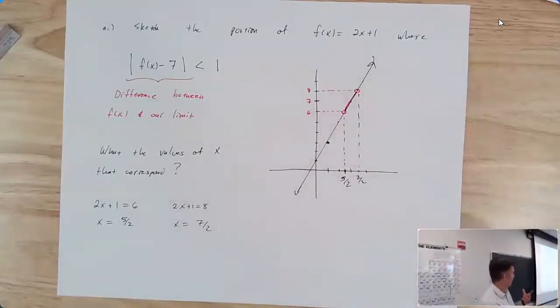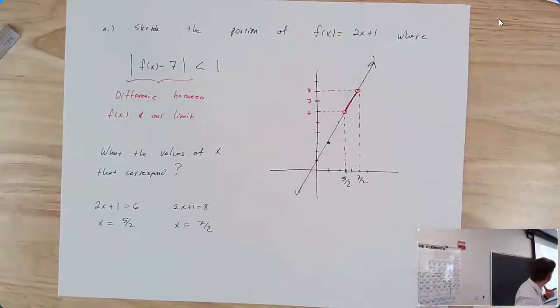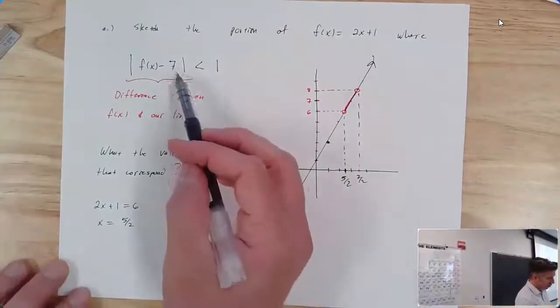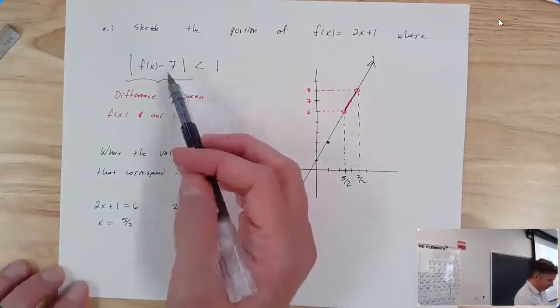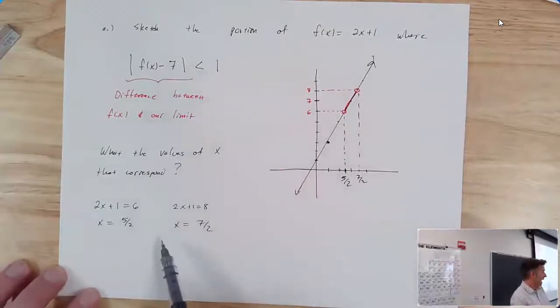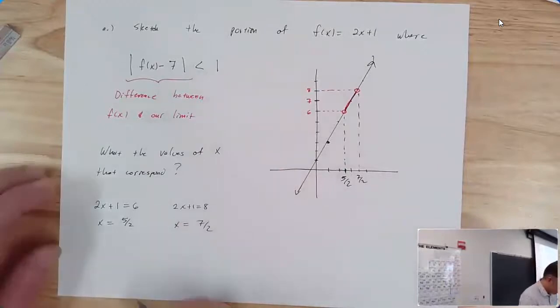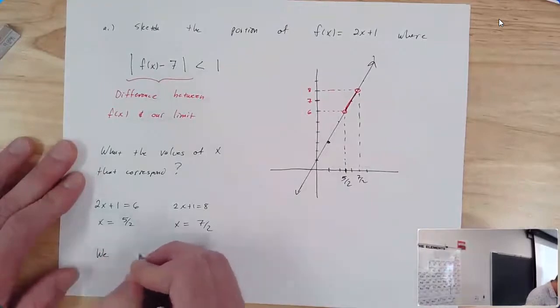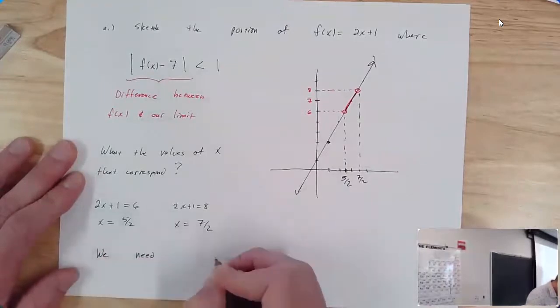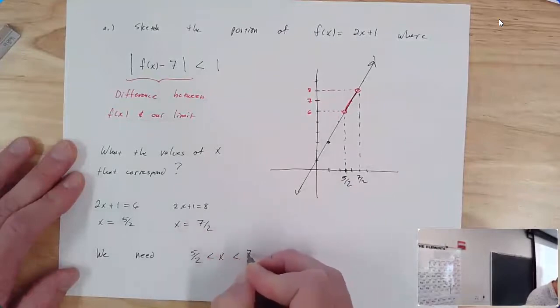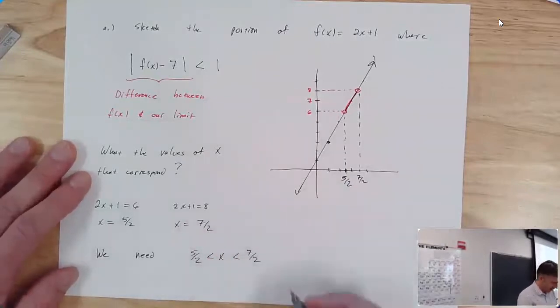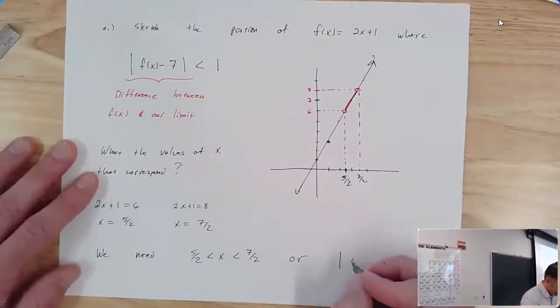So that's kind of the idea: to get our function to be within 1 of its limit, we need x to be within 1/2 of what it's approaching. So we need x to be between 5/2 and 7/2. Or written another way, this is the important way, we need the difference between x and the thing it's approaching, in absolute value, to be less than 1/2.